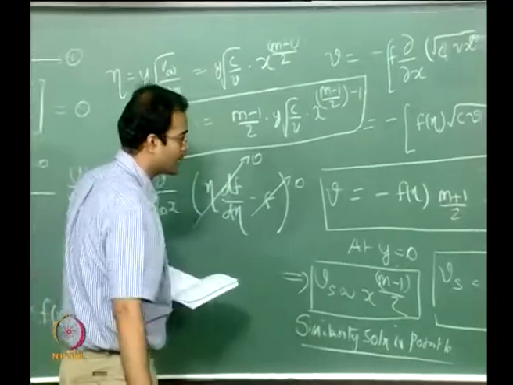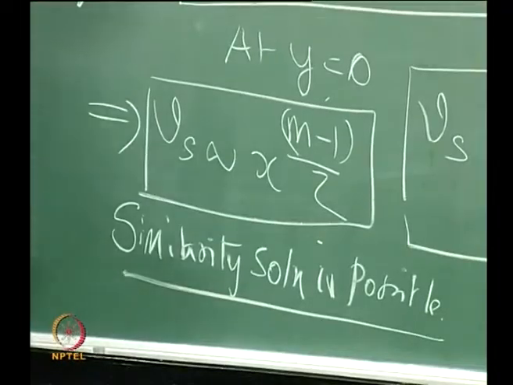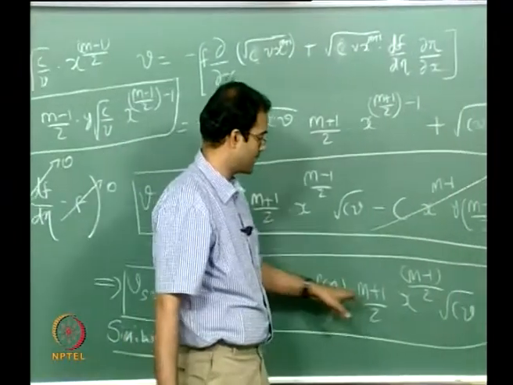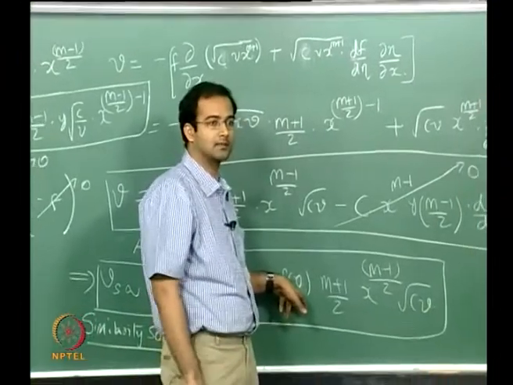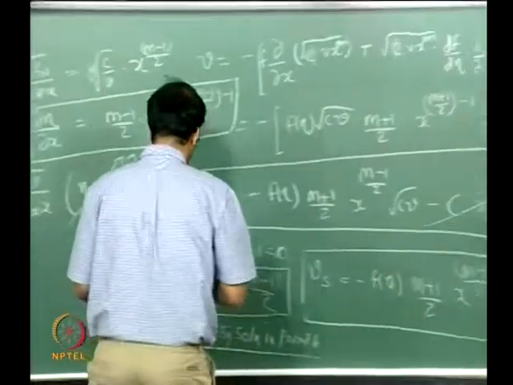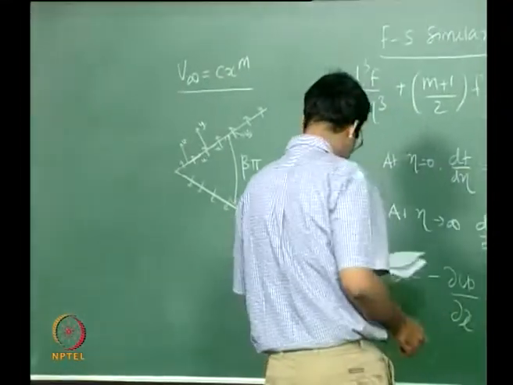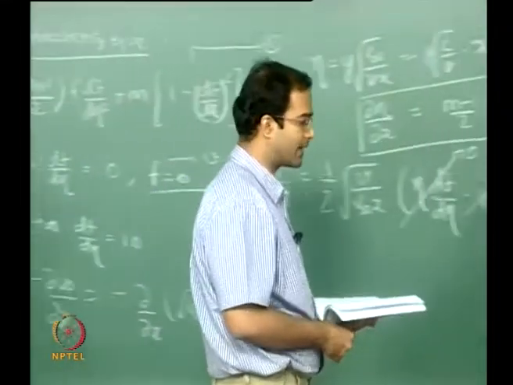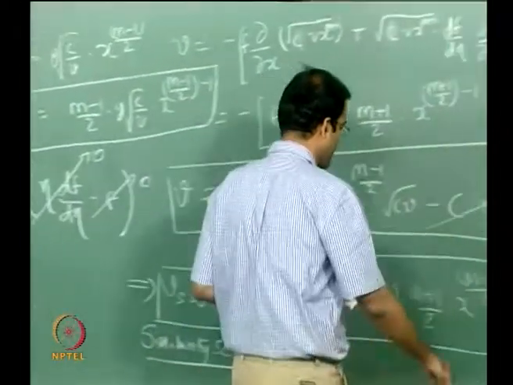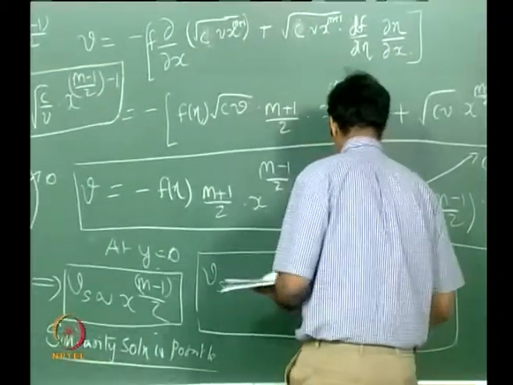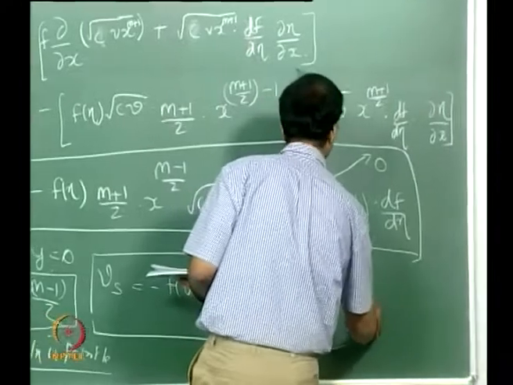Only then your f of naught is a constant. For a given value of m, then your f of naught will become a constant. So now putting this condition, we can write the boundary condition for f at eta equal to 0. Let us call this equation number 2.